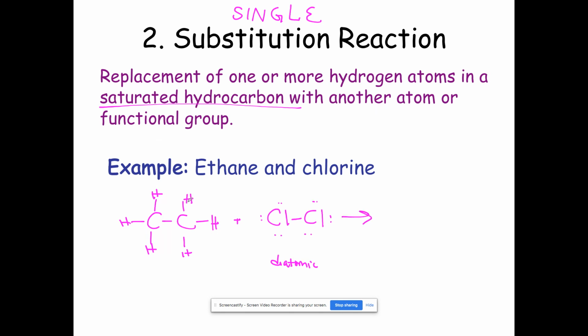So if we're going to sub out one of the H's with one of the Cl's, here's the game. One of the H's is going to come out of this, and one of the Cl's is going to come in here. It doesn't matter where you put your Cl. And here's the bench.